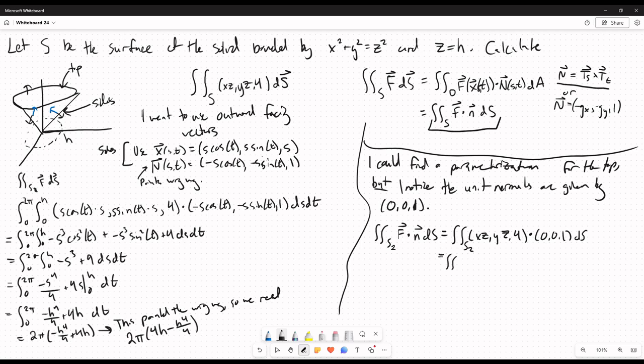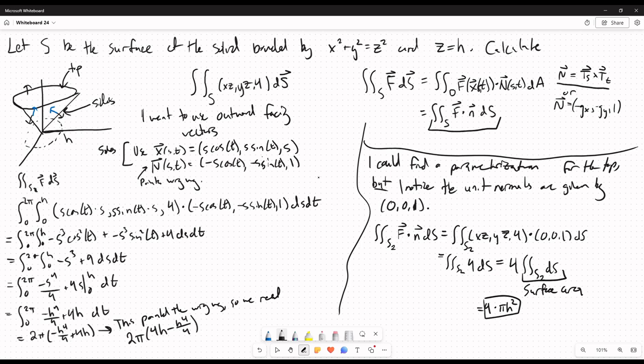Which just means that we have the integral over s2 of, that just ends up being 4 ds. And since this is an integral over a circle of radius h, you could think about this as 4 times just the surface area. So this is just going to equal 4 times the area of a circle with radius h, which is pi h squared. And that's it.